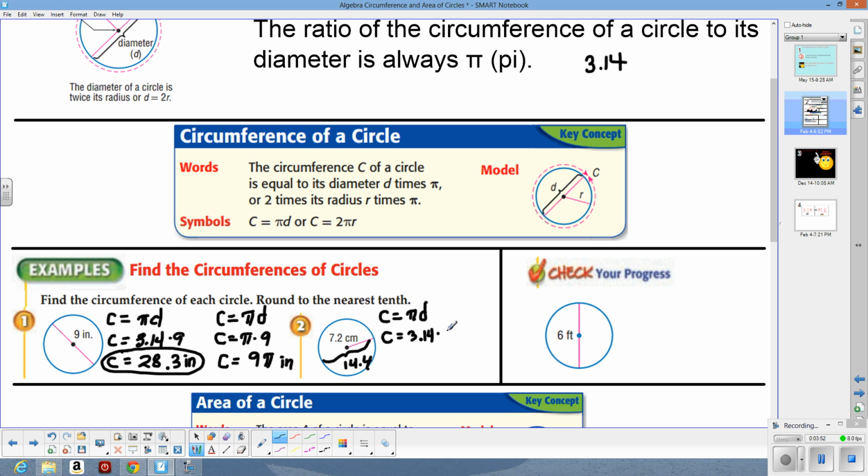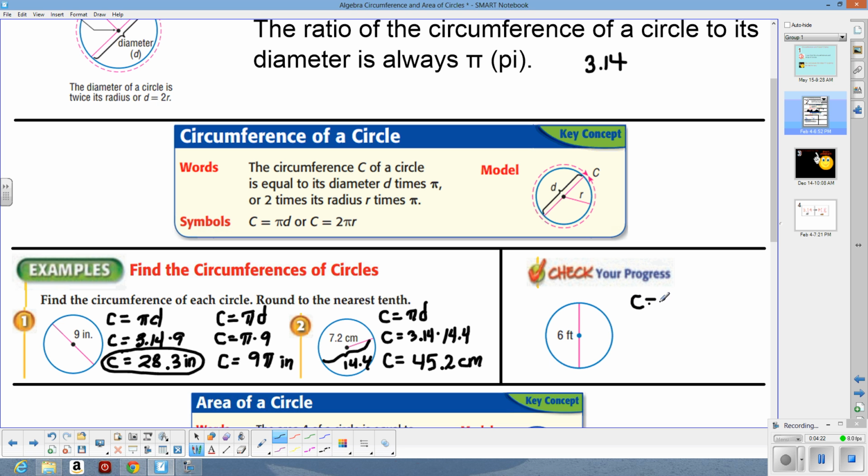So 3.14 times 14.4. The circumference is 45.216, so to the nearest tenth is 45.2, 45 and 2/10 centimeters. You may want to pause the video and try the next one on your own.